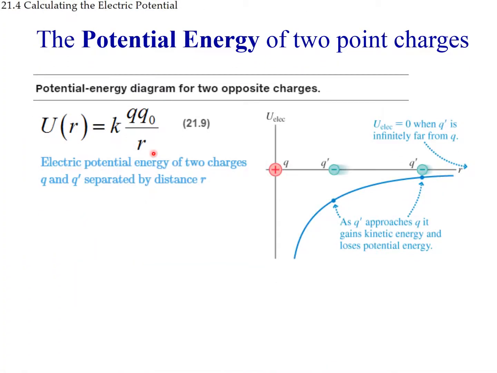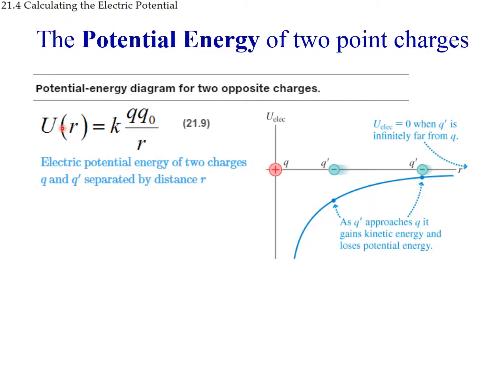We can represent that graphically if we just plot it as a function of r. So it would be U, and r goes like this, 1 over r. And you can see that if r is extremely large, then you're going to be dividing this by something very large, which gives you something very small.